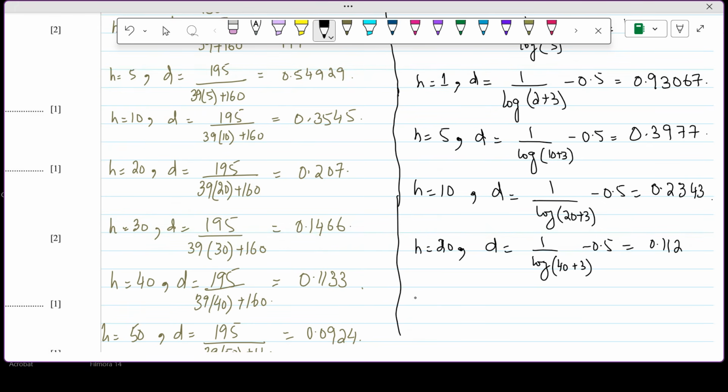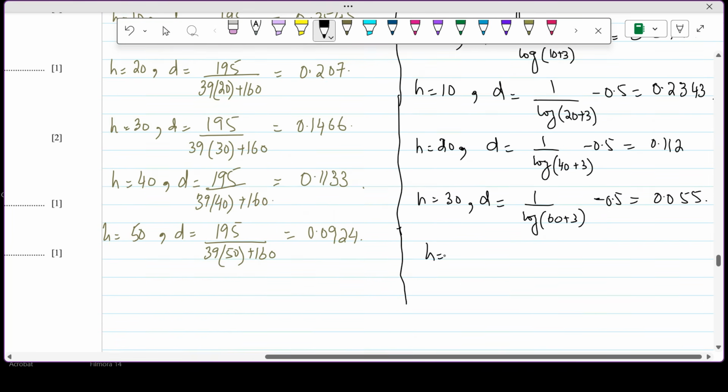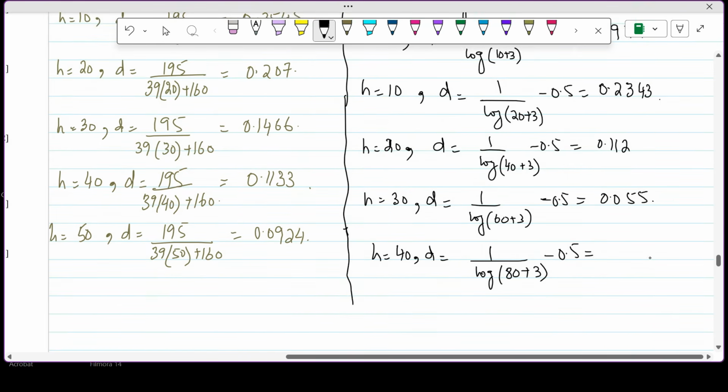0.112. So when height is equal to 30, D is equal to 1 over log of 60 plus 3, minus 0.5, and this is equal to 0.055. Similarly, when height is equal to 40, air density is equal to 1 over log of 80 plus 3, minus 0.5, and this is equal to 0.021.